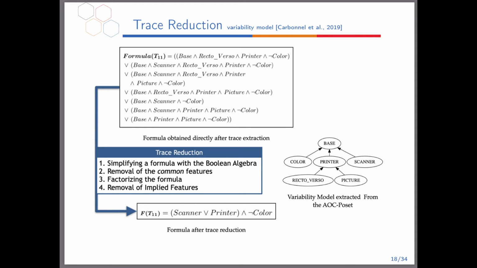Thirdly, we factorize the formulas to reduce them further, and we use again the information from the variability model on the right side of the picture to remove the implied features, which are the features that are redundant because if we look inside the variability model, they are already implied by other features from the formula.